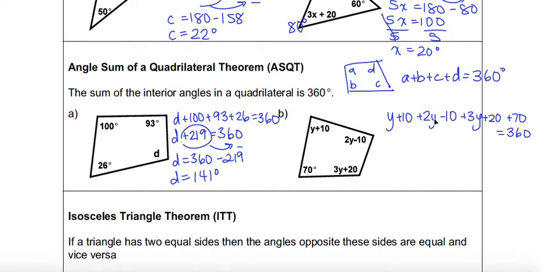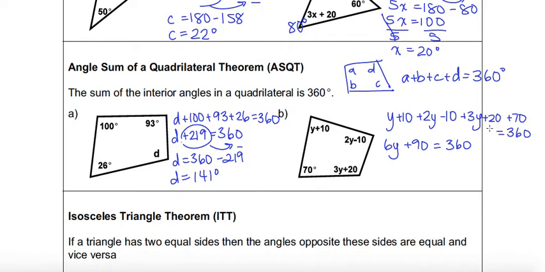I have y plus 2y is 3y, and 3y plus 3y is 6y. Now I'm going to look at my constants. 10 take away 10 is 0, and 20 plus 70 is 90. So I have 6y plus 90 is equal to 360.